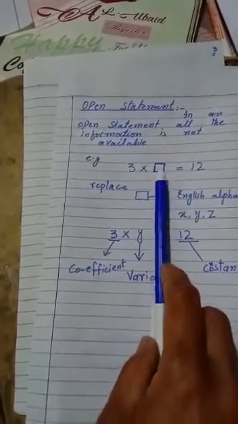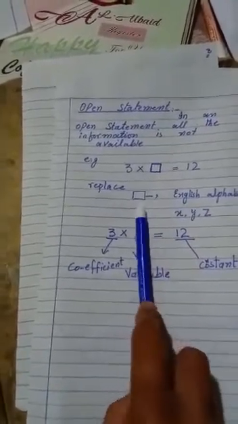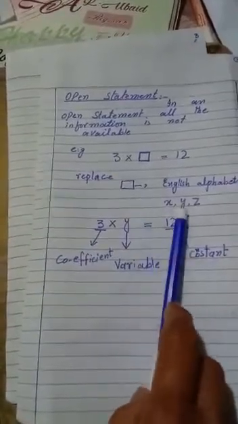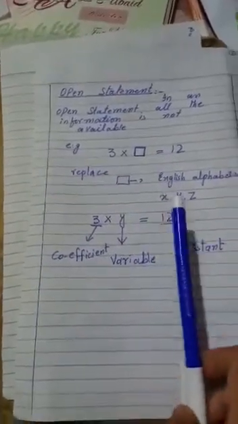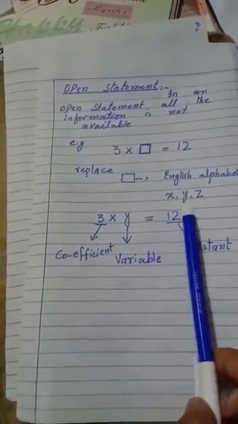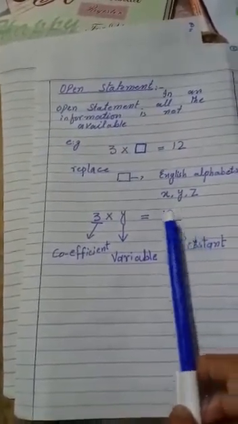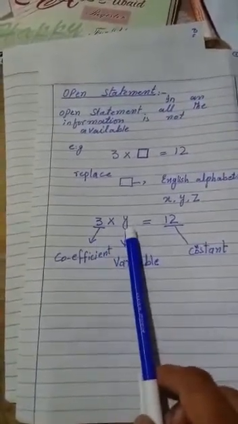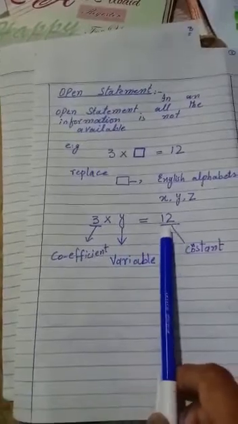We have to replace this with English alphabets from A to Z, but we usually use these three letters X, Y or Z. We have to write in that form: 3 multiplied by y is equal to 12.